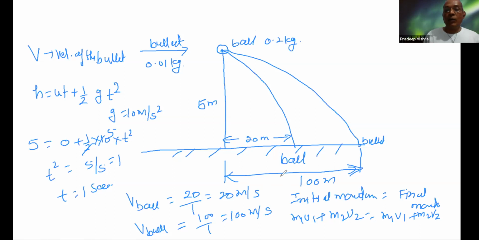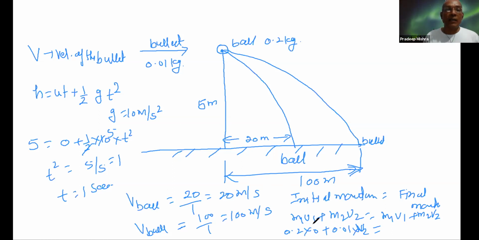So I will have m1 as 0.2 into 0 plus, mass of the bullet is 0.01 into u2. This is the final velocity after collision.